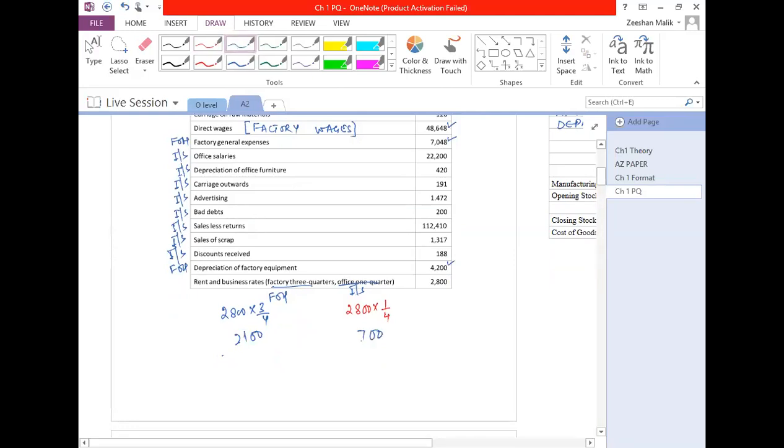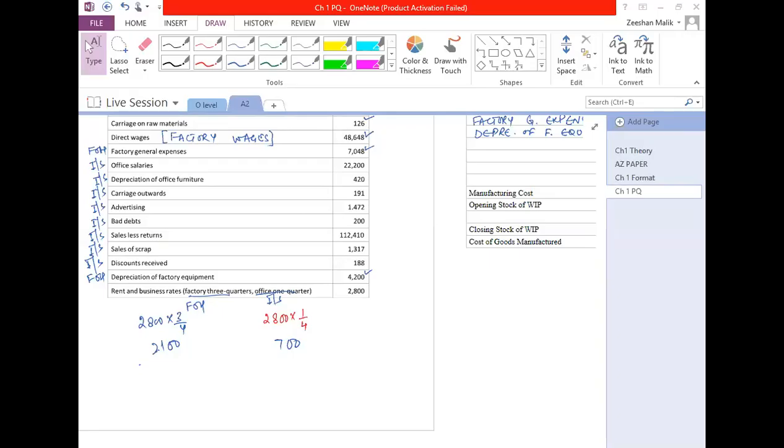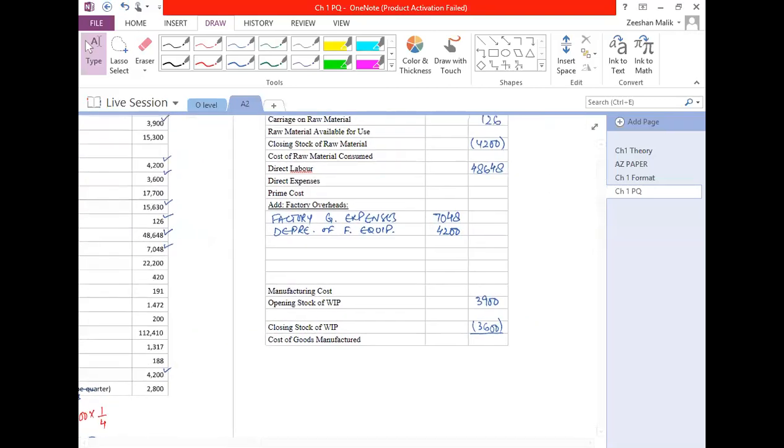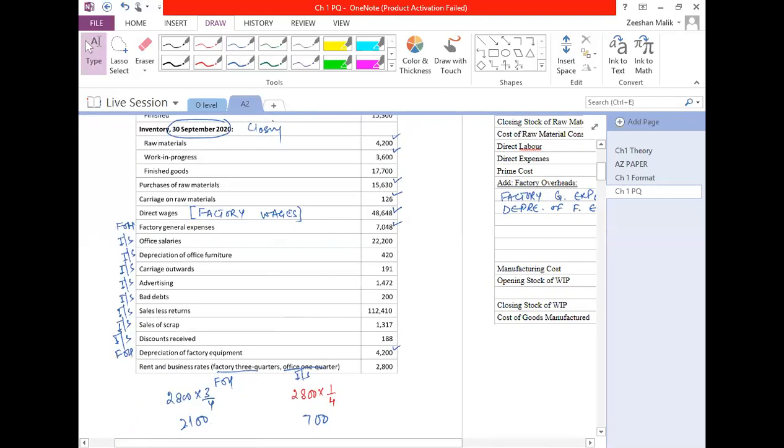Agreed. Please verify the figures. So 2100 should be recorded here for rent and business rates.